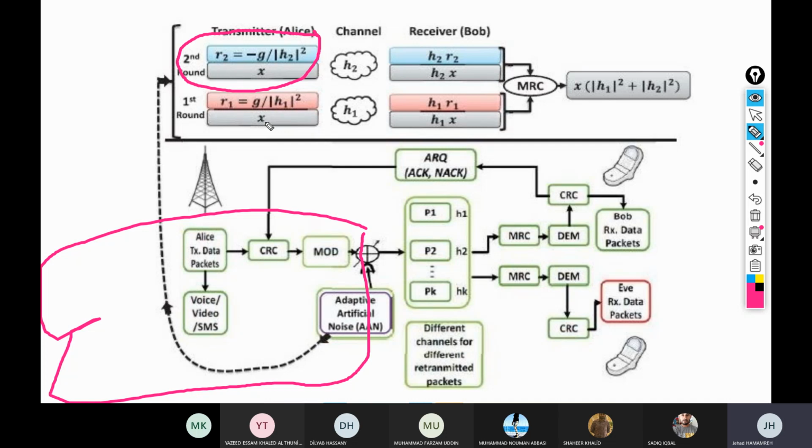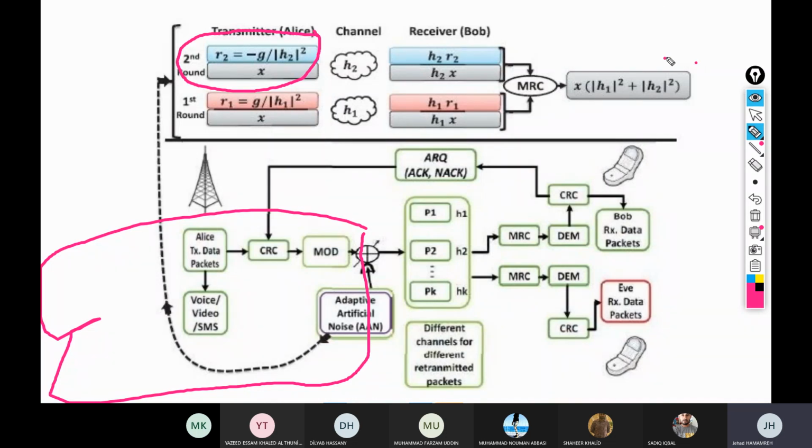And the other thing, you don't need to do anything at the receiver side, which is good for Internet of Things devices, because all the receiver needs to do is add the received packets using MRC, maximum ratio combining. Once you add them, you end up with this signal, x multiplied by H1 square plus H2 square.